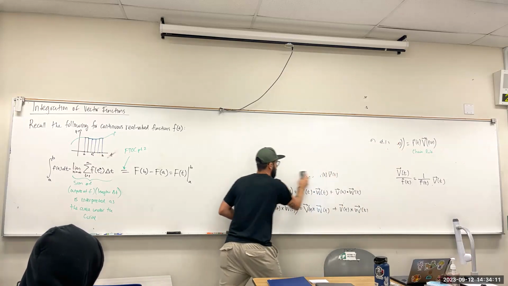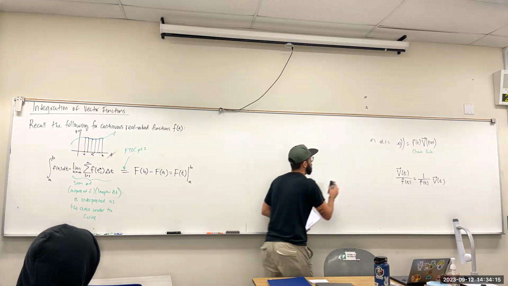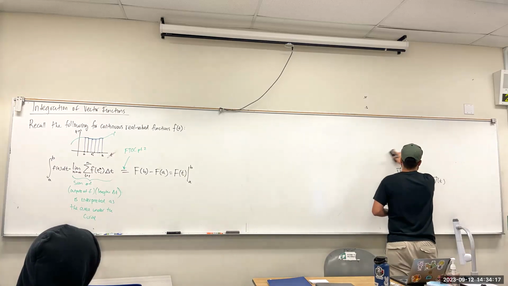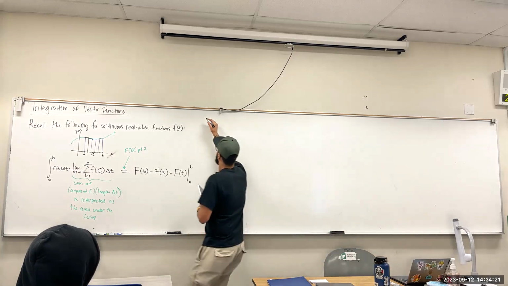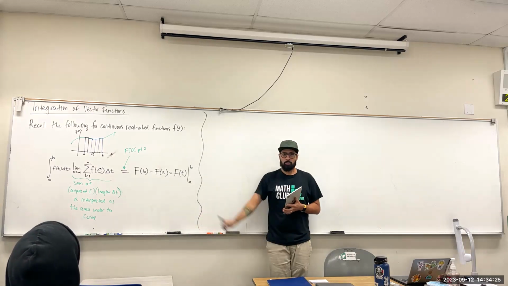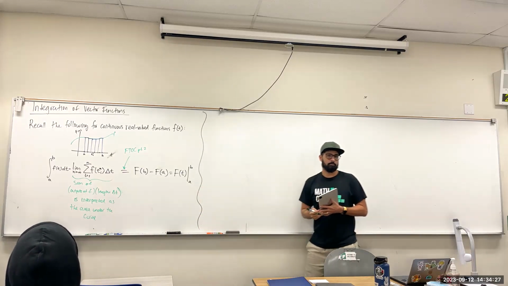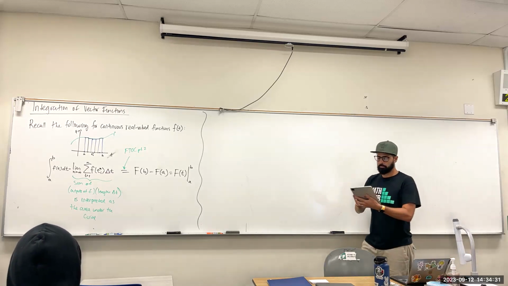So I needed to recap that because we're going to use that type of definition to define what it means to integrate a vector function. Questions? Kind of looks familiar-ish.